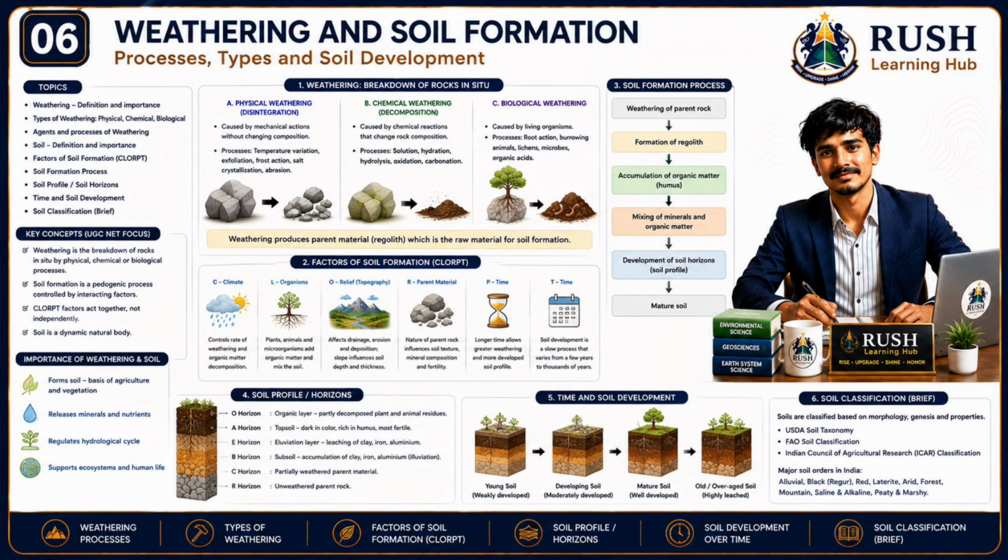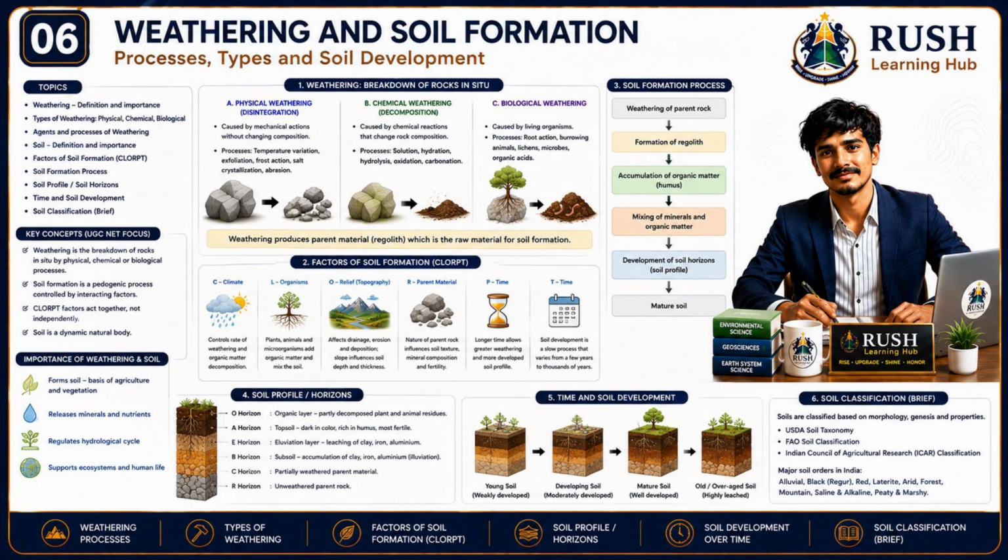First, let us discuss physical weathering. Physical weathering, also known as mechanical weathering, involves the breakdown of rocks without altering their chemical composition. Several processes are responsible for physical weathering. Temperature variation causes expansion and contraction of rocks, leading to exfoliation and disintegration.